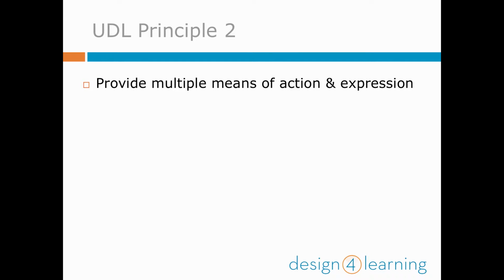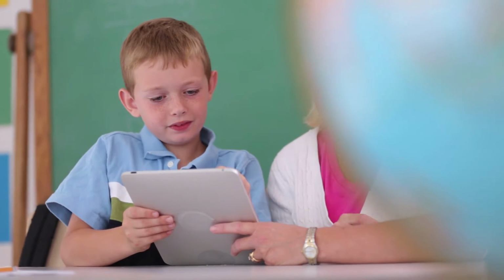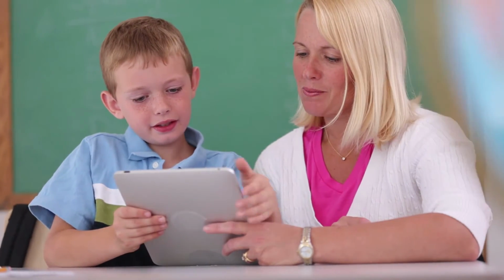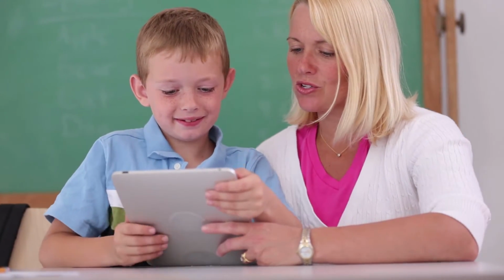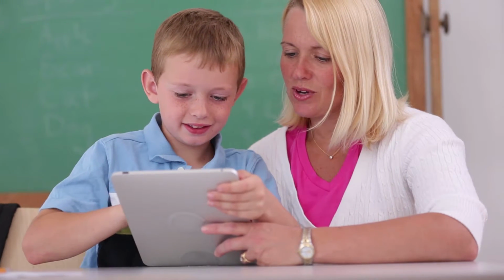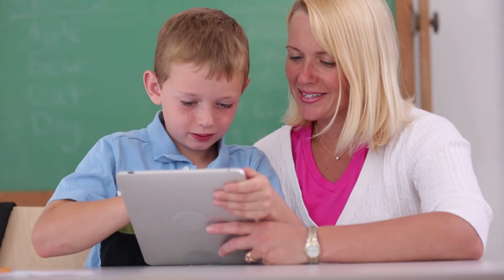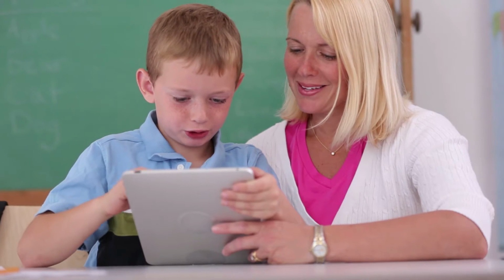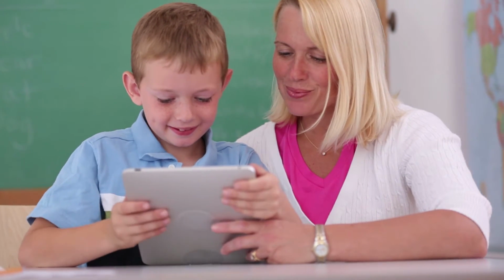Principle 2. Provide multiple means of action and expression. This second UDL principle involves allowing students to demonstrate that they have learned what you've intended for them to learn. That doesn't always have to be a test or a written assignment. Again, think multimodal.